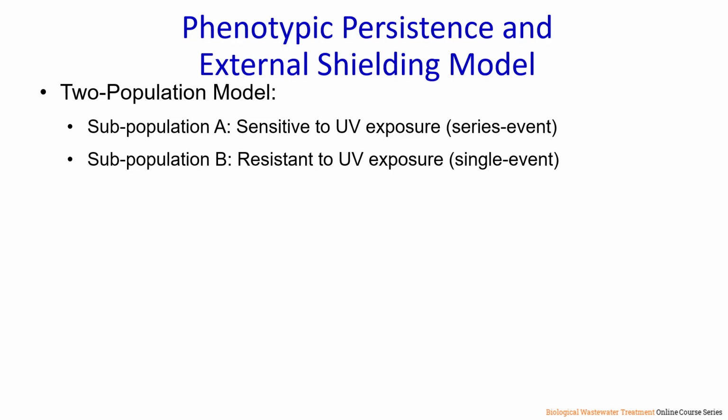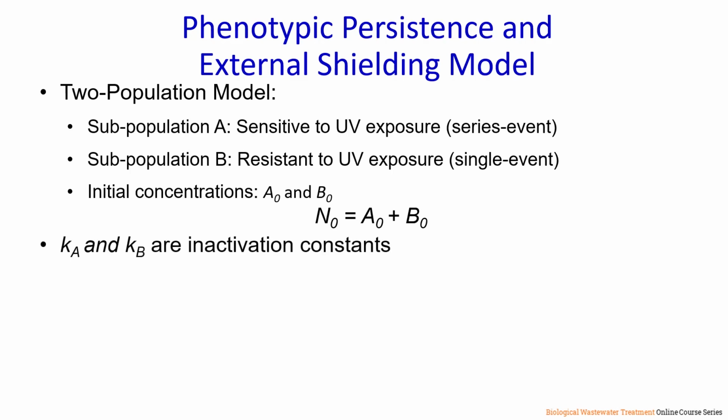You could use other models to describe the behavior of these two subpopulations, but for purposes of this presentation, I've assumed series event and single event models for A and B subpopulations respectively. For each of these subpopulations, we can define an initial concentration, A0 and B0, and the initial concentration of viable or infective microorganisms within the population is just the sum of those initial concentrations.